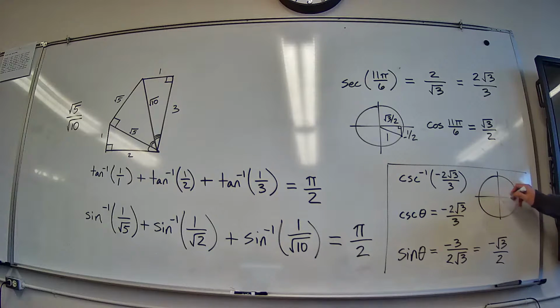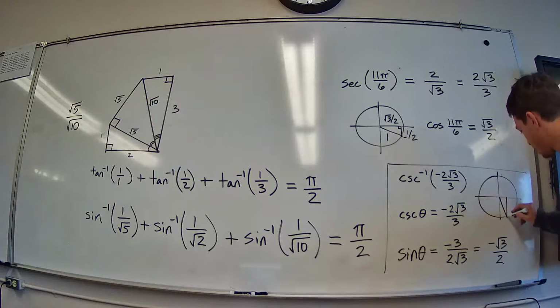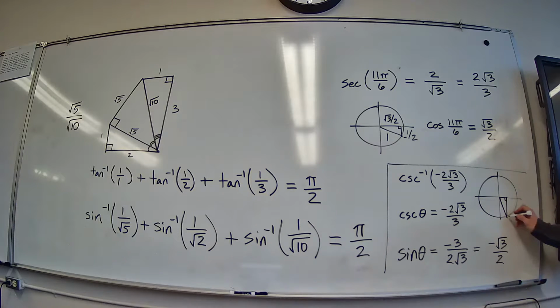So my triangle has to be, is my dot going to be closer to the y or the x axis? It's going to be closer to the y axis because my long side is going to be the vertical. Make sense? So that's what my triangle looks like. Still, is this making sense? Mm-hmm. Now, how do I describe that angle? I said this before, but I think this is one of the trickier parts of this process, understanding why an answer of 5 pi over 3 is not quite correct.